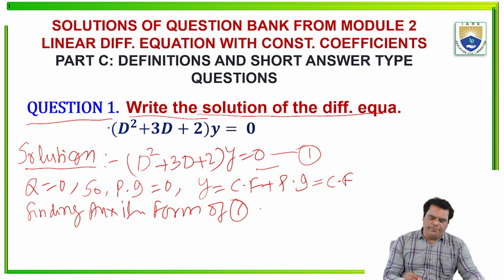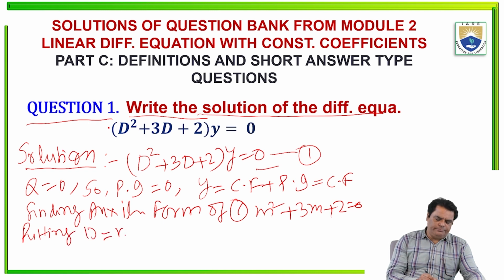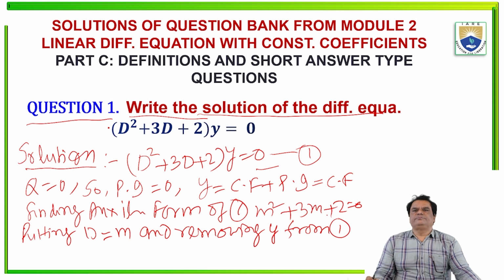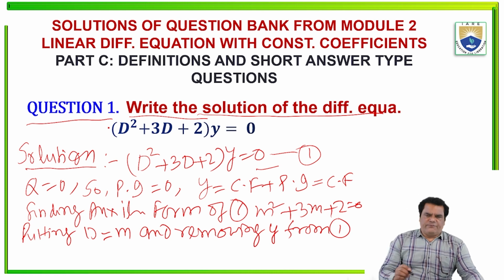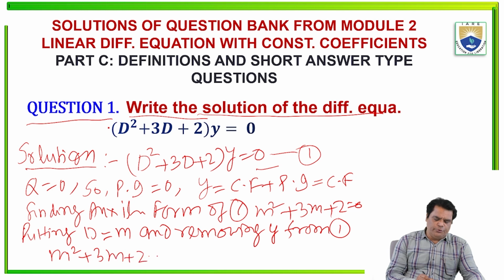The auxiliary form is m square plus 3m plus 2 equal to 0, putting D equal to m and removing y from 1. After factorizing, m square plus 3m plus 2 equal to 0.